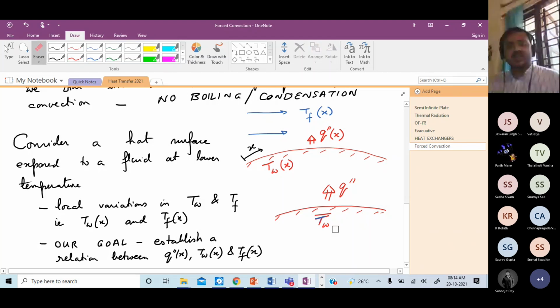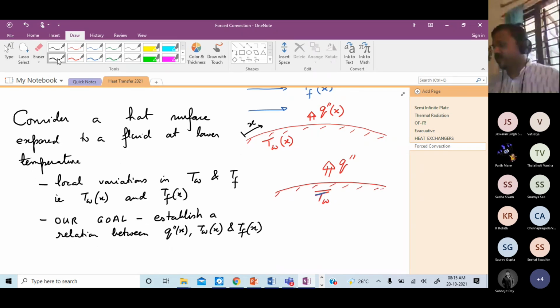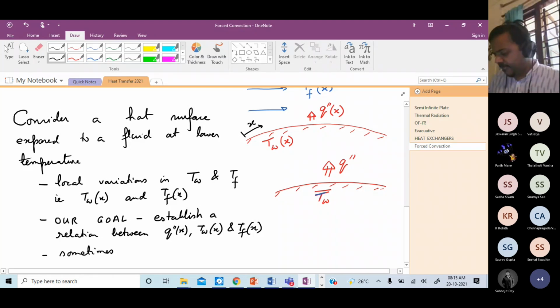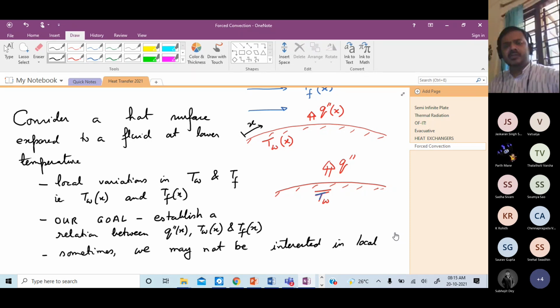Or what is the average temperature, if my heat flux is known? Sometimes we may not be interested in local variation.